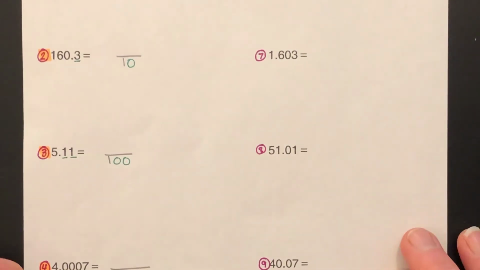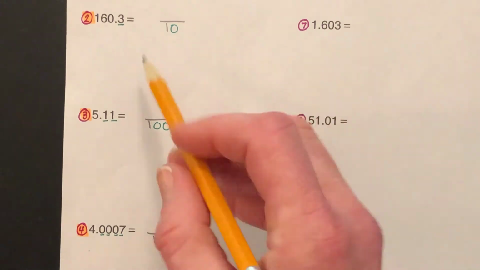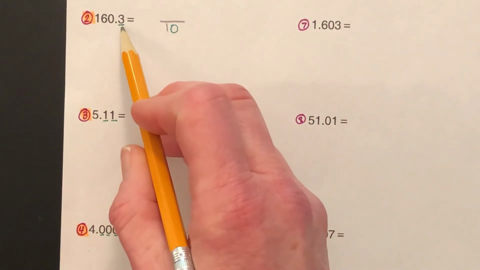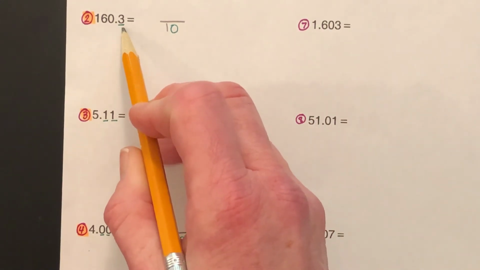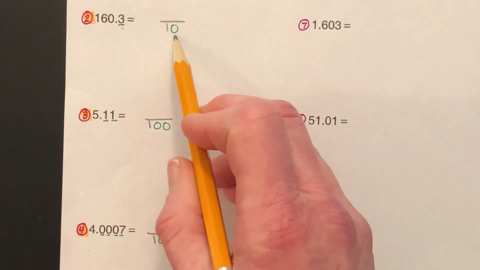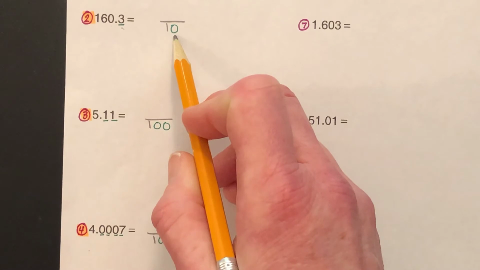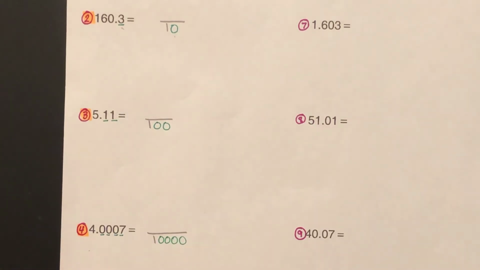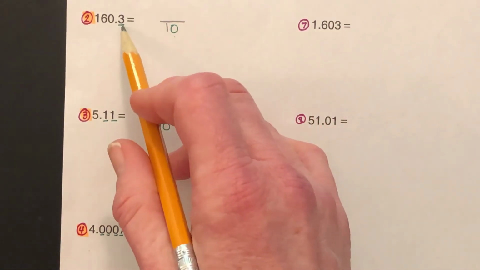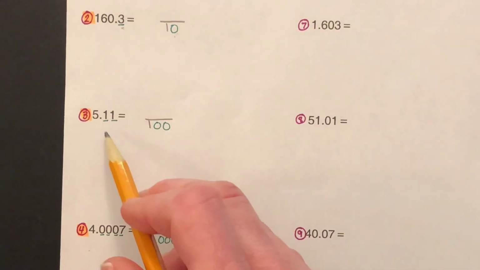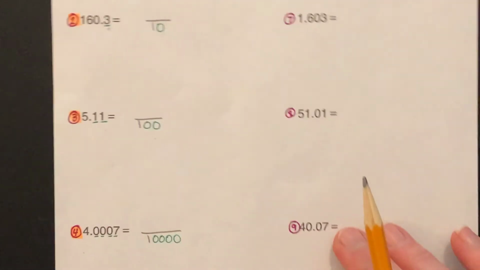What I've done, notice the green, I underlined all the digits after the decimal with green, and that's how many zeros go under my fraction bar in the denominator. So if there's 1 digit after the decimal, then there's 1 zero. 2 digits after the decimal, 2 zeros.